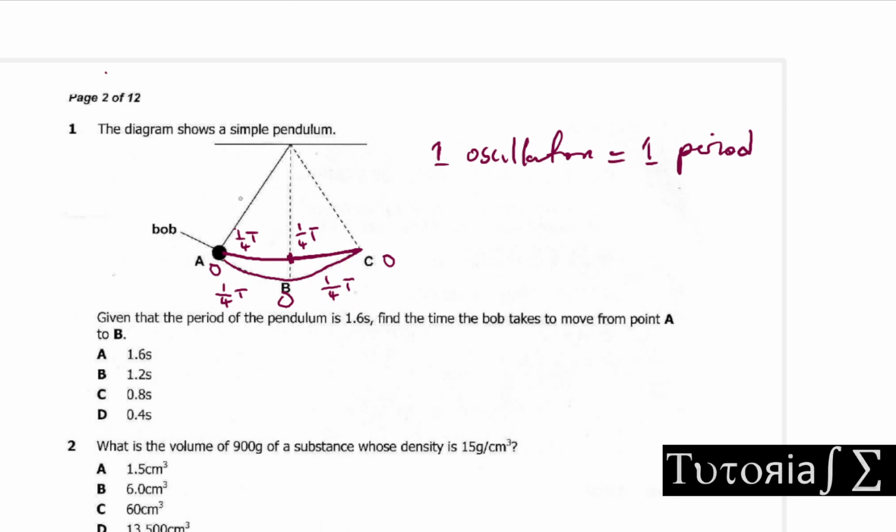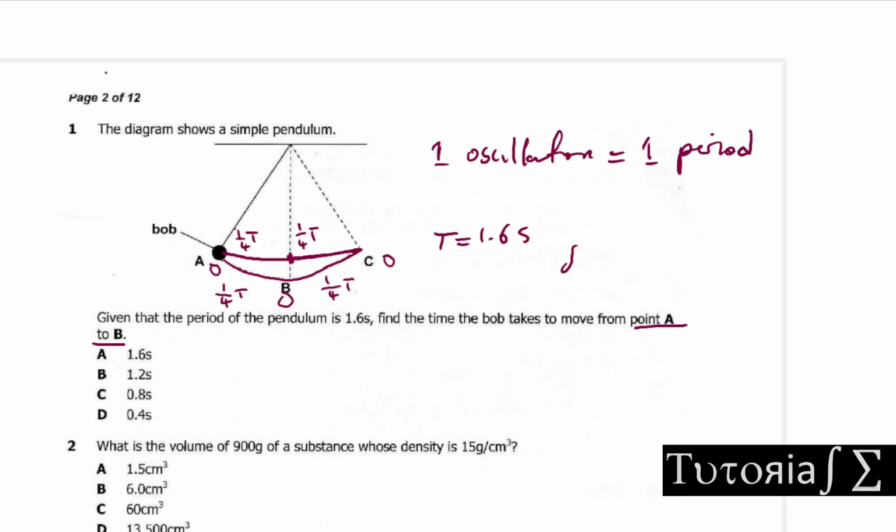All right, so we look at our question. Given that the period of the pendulum is 1.6 seconds, let's write, given that the period is equal to 1.6 seconds, find the time the bob takes to move from point A to point B. From point A to point B, it is just 1/4 of the period.